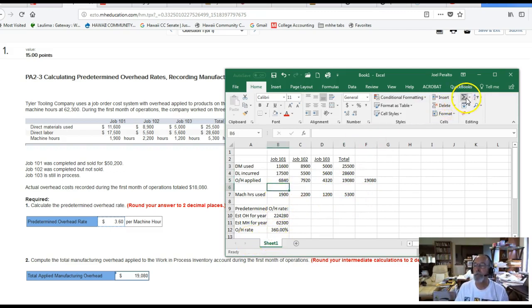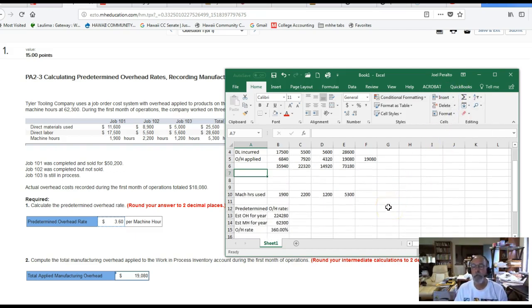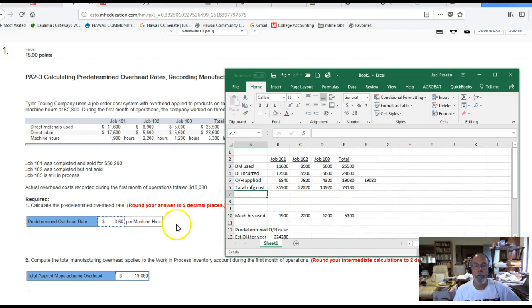So if we take a total for each job, we'll get the total cost for each job and the total for the 3 jobs. I think we need some space here, so we need to open up, I don't know, a couple of rows, maybe 3 rows. So this is our total manufacturing costs.